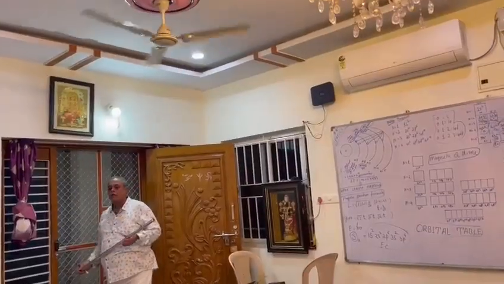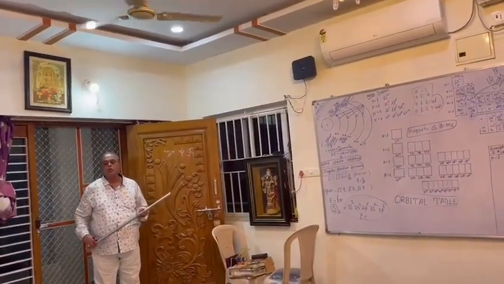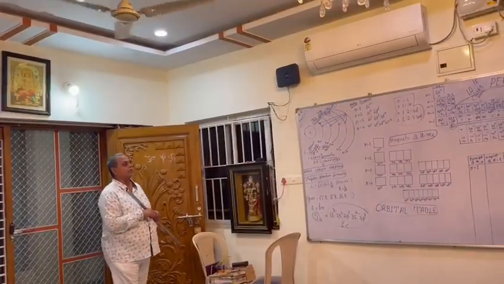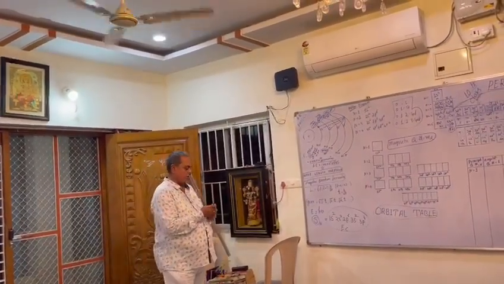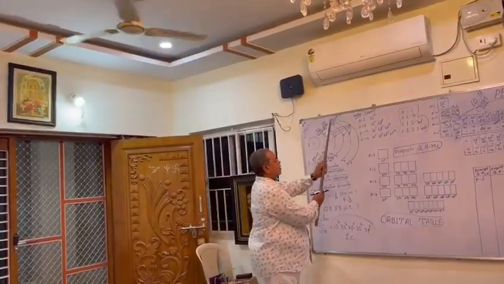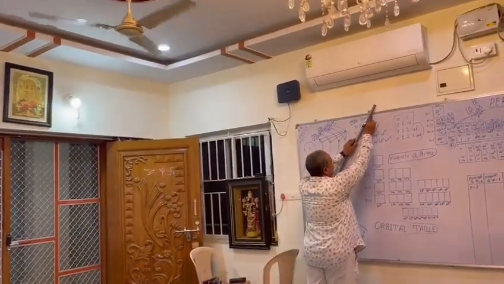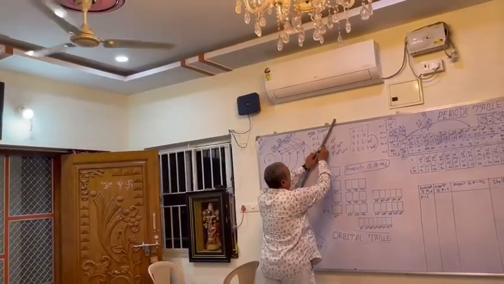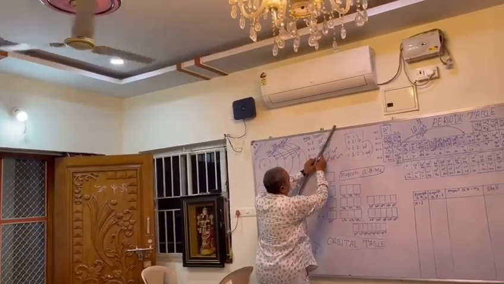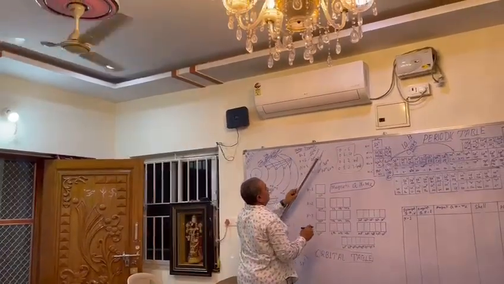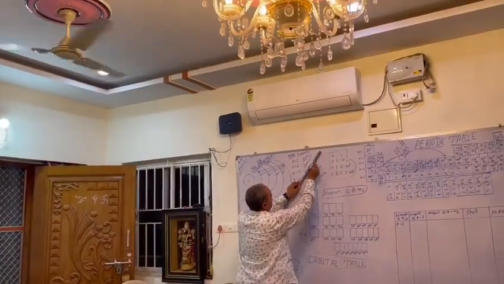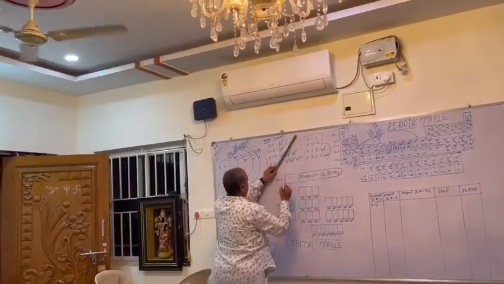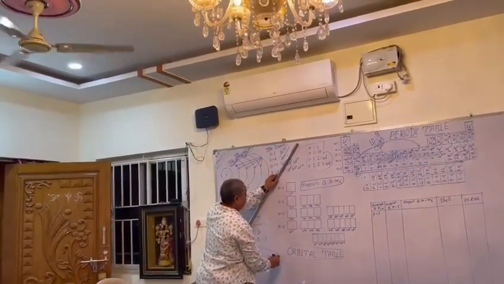Find another element; you will have to do the next electronic configuration. How do you find it? In that way: 1s2, 2s2, 2p6, next 3s2, 3p4.